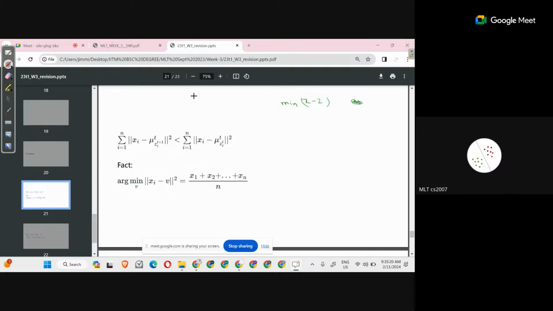Or maybe I can say that x is from, let's say, 0 to 3. I'm just keeping it simple, not doing any derivation. What would be the value of this one?